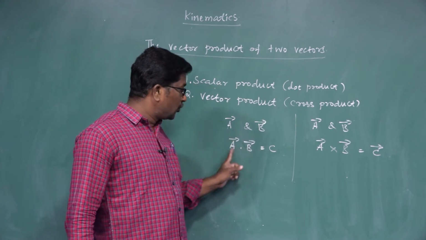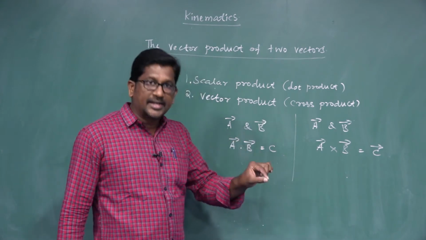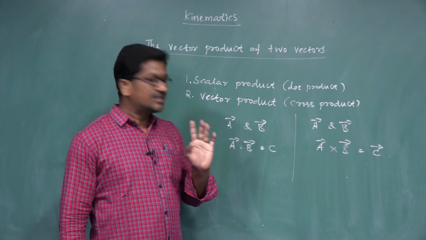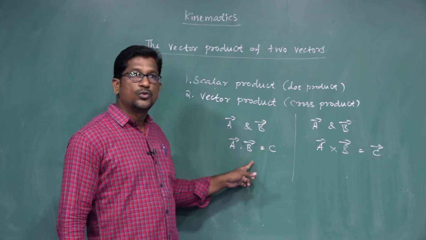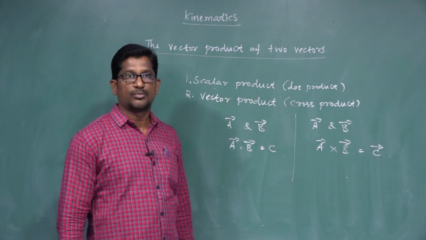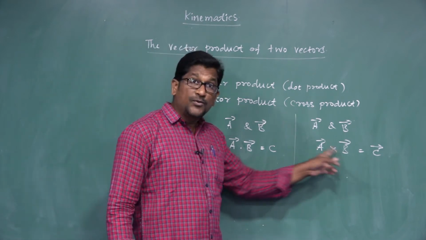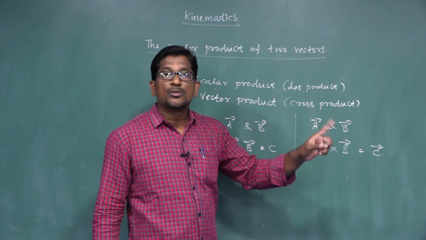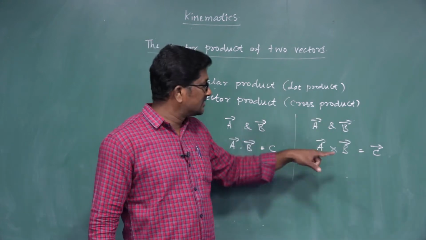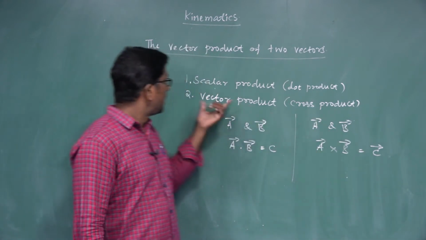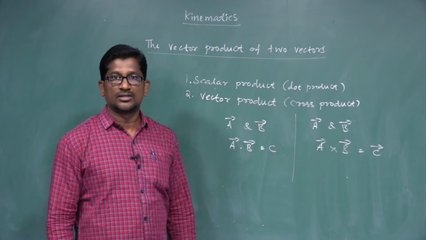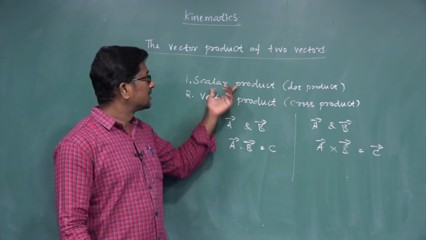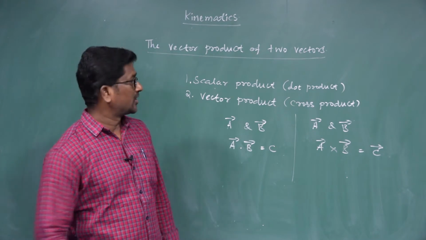The product of two vectors that gives a quantity with only magnitude is called scalar product or dot product. The product that gives a quantity with both magnitude and direction is called vector product or cross product. So this is the main difference between scalar product and vector product.